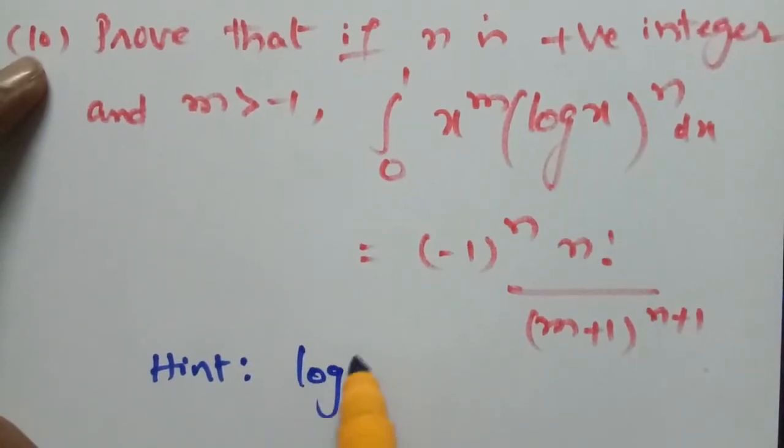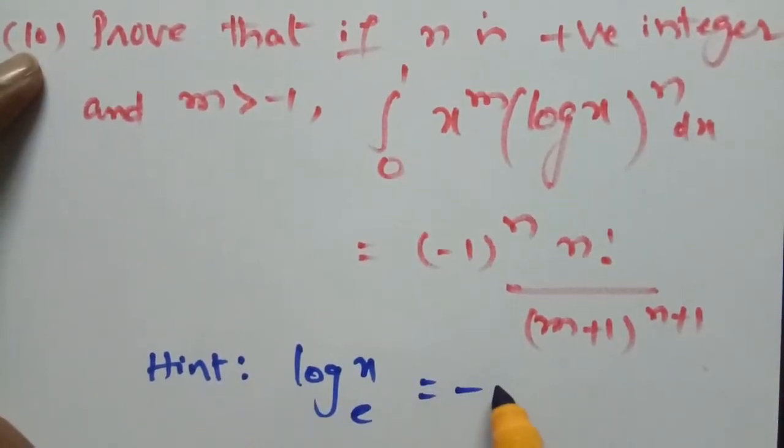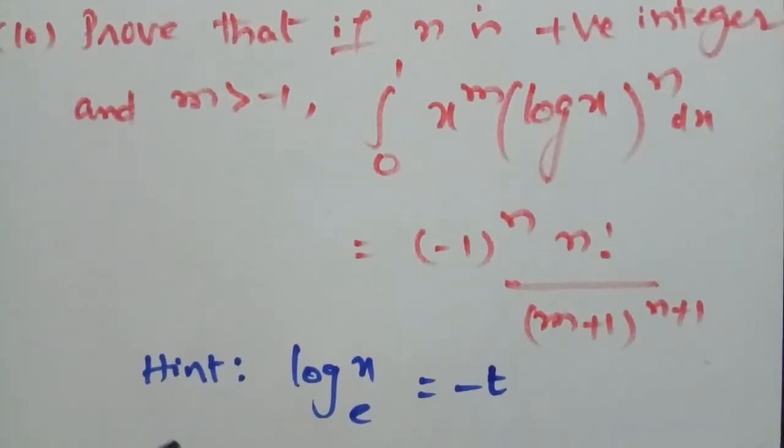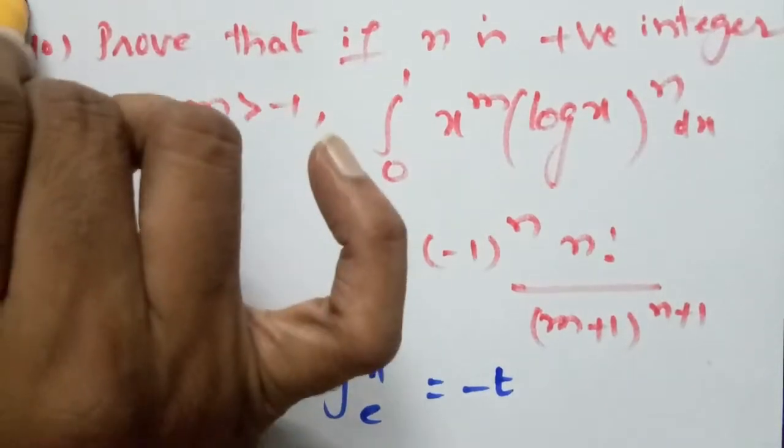Here assume that log x base e is equal to minus t. This is homework.